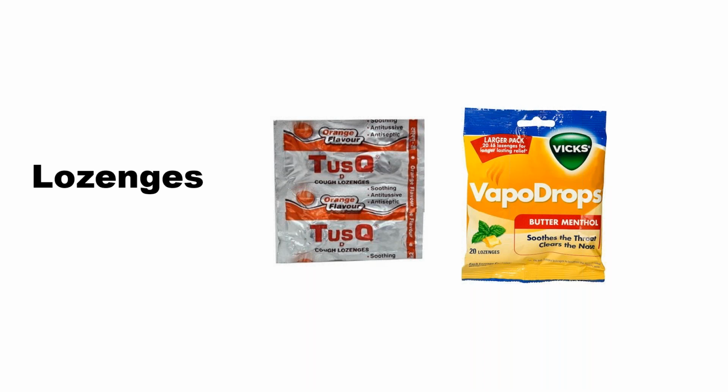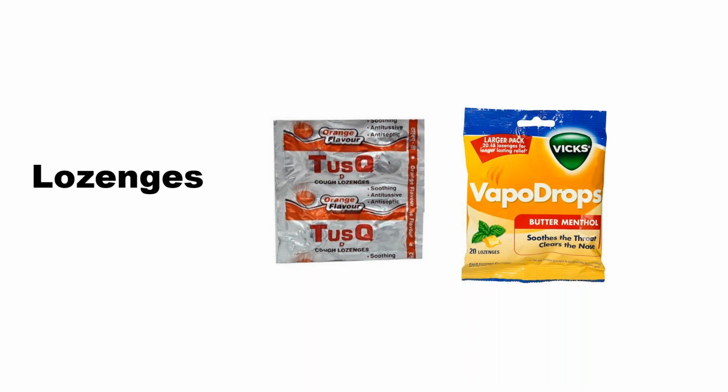These are the lozenges, which are small, usually sweetened and flavored medications that are designed to be held in the mouth for slow dissolution, especially one that contains a demulcent, as in cases of sore throat. And this is the picture of the sore throat lozenges, and they can have a local effect due to the presence of menthol in the tablet, and they have a very soothing effect on the mucous membrane of the throat.